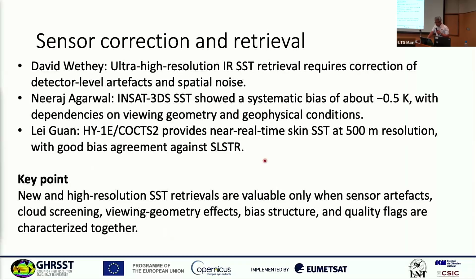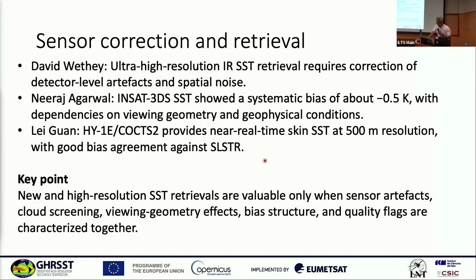The first group of talks focused on sensor correction and SST retrieval. David showed that ultra-high resolution infrared SST retrievals require careful correction of detector-level artifacts and spatial noise. Raj presented a bias characterization for INSAT SST, showing a systematic bias of about minus 0.5 Kelvin with dependencies on viewing geometry and geophysical conditions.